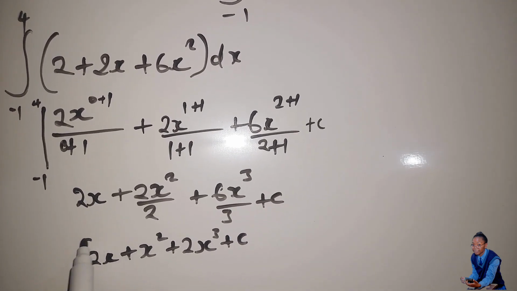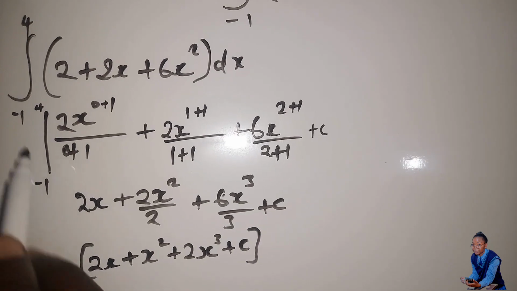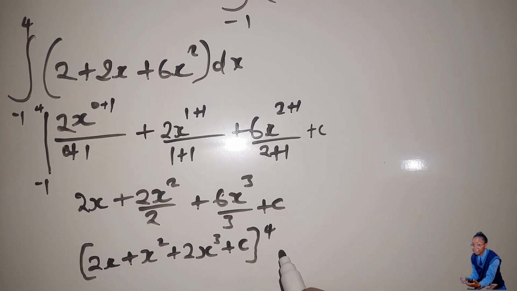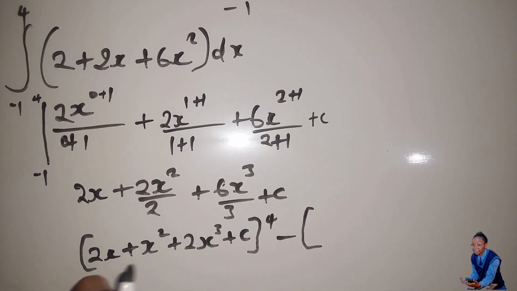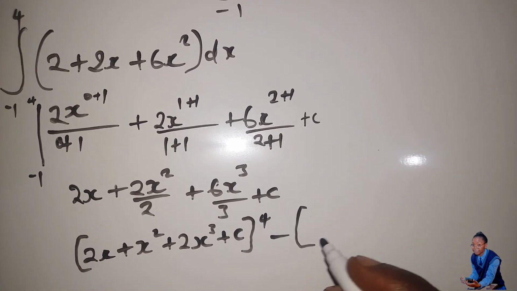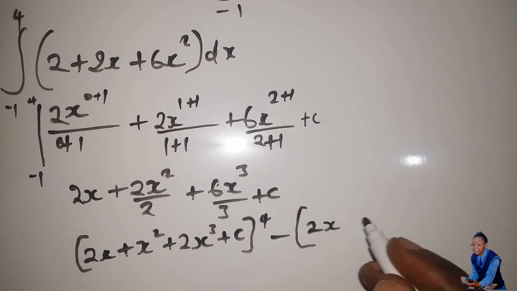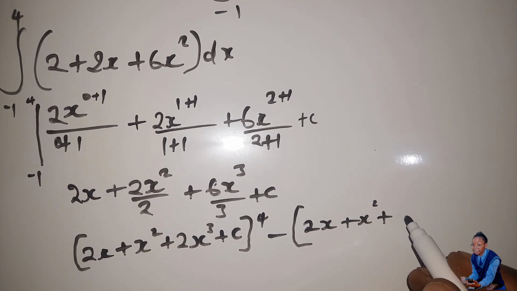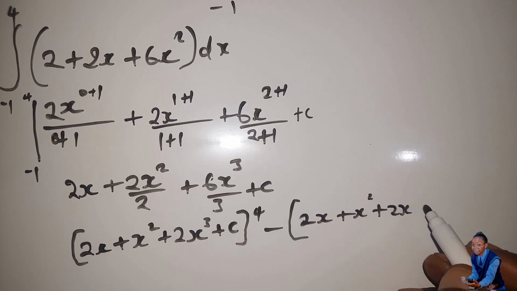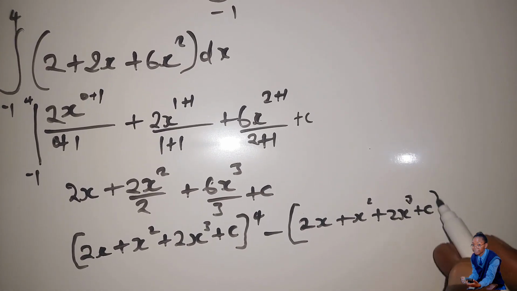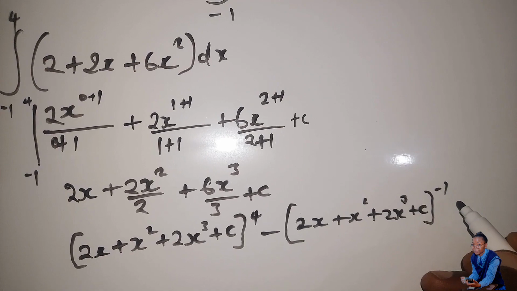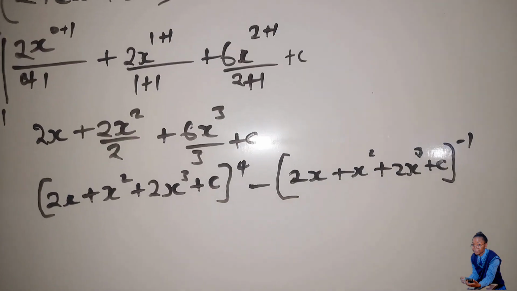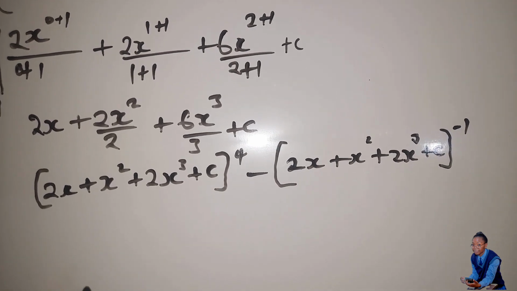So what we're going to do here is find the difference between the upper limit and lower limit. We start with the upper limit 4 in the function 2x plus x squared plus 2x to the power 3 plus c, minus the same function at the lower limit, which is -1.